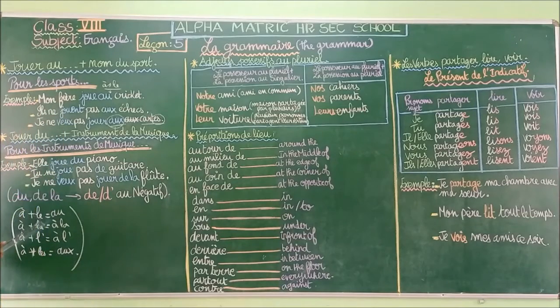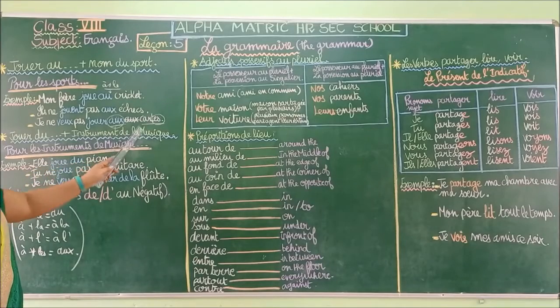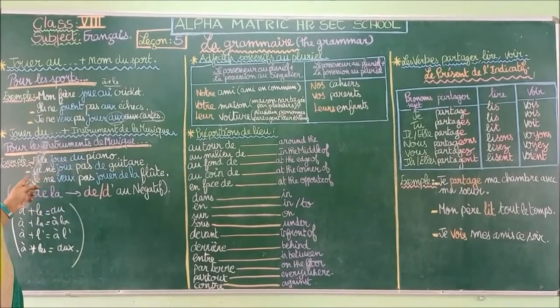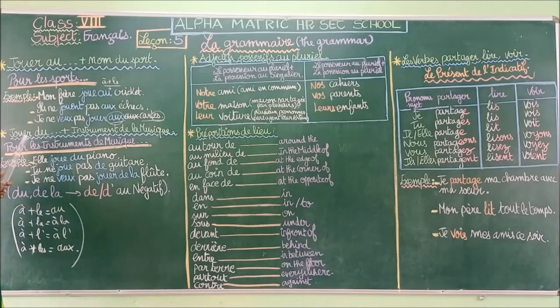We saw les articles contractés et partitifs. Here you have jouer du plus instrument de musique. What are the music instruments we are using? For musical instruments, jouer du.